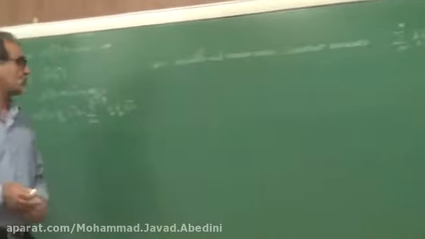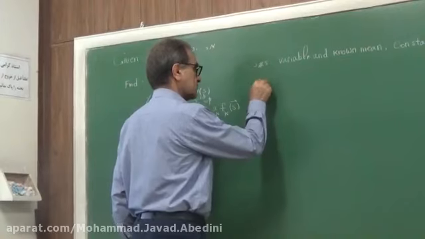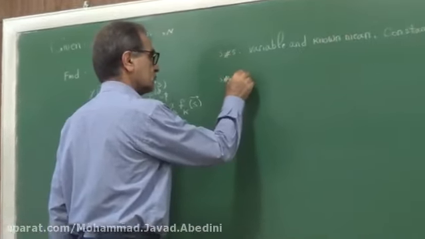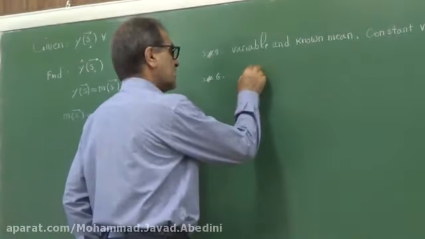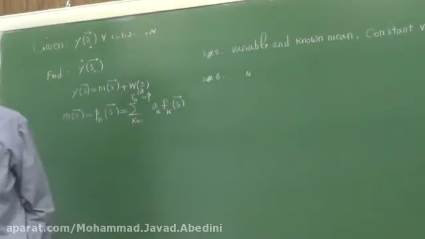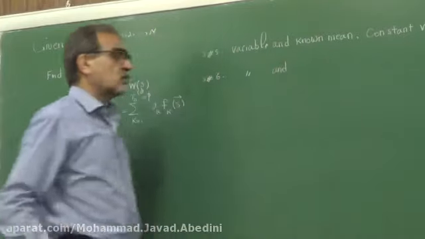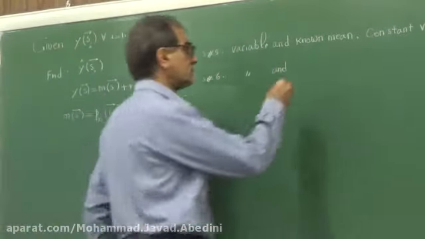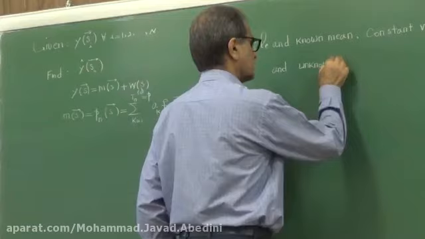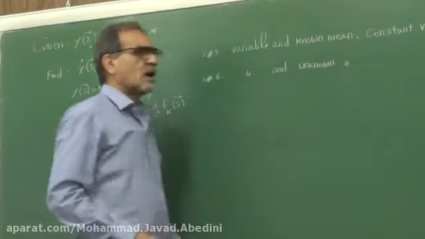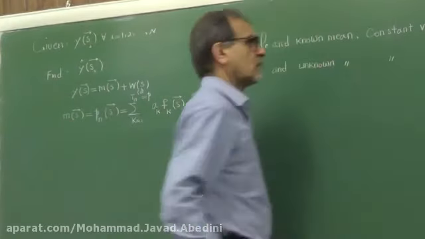When it comes to scenario number 6, you still have variable mean, but your mean is not given. And of course, your variance is constant.